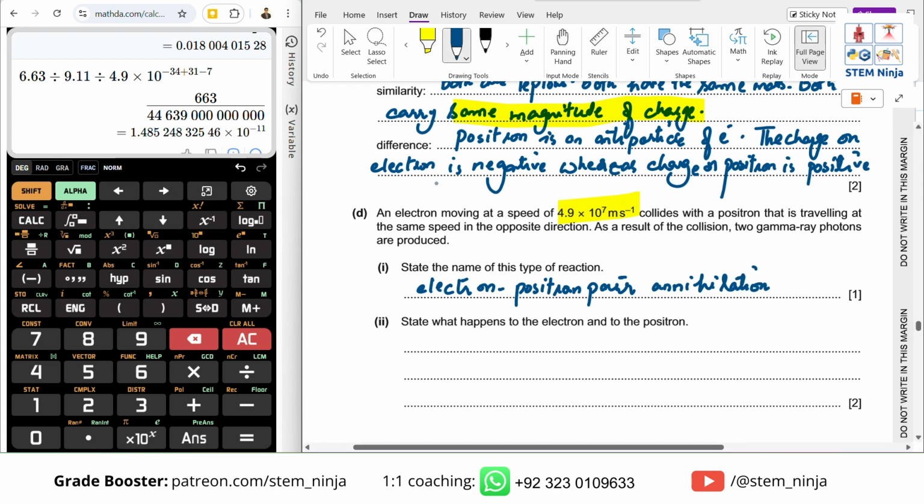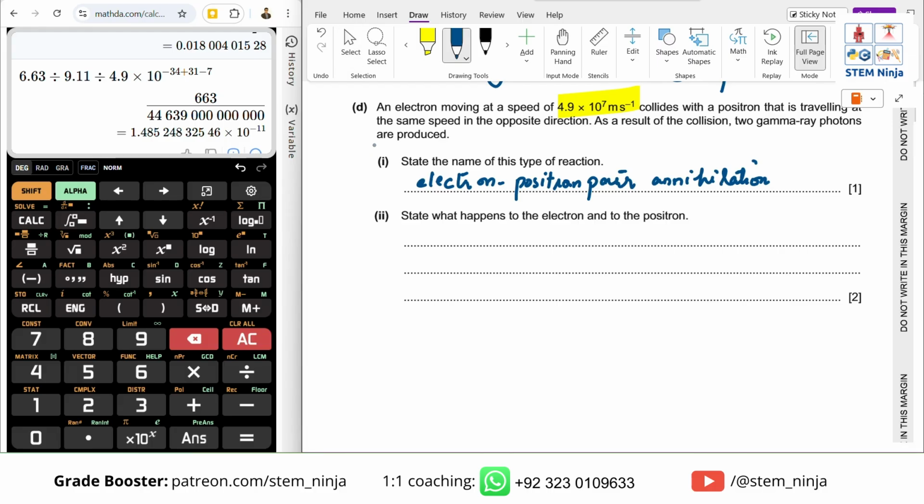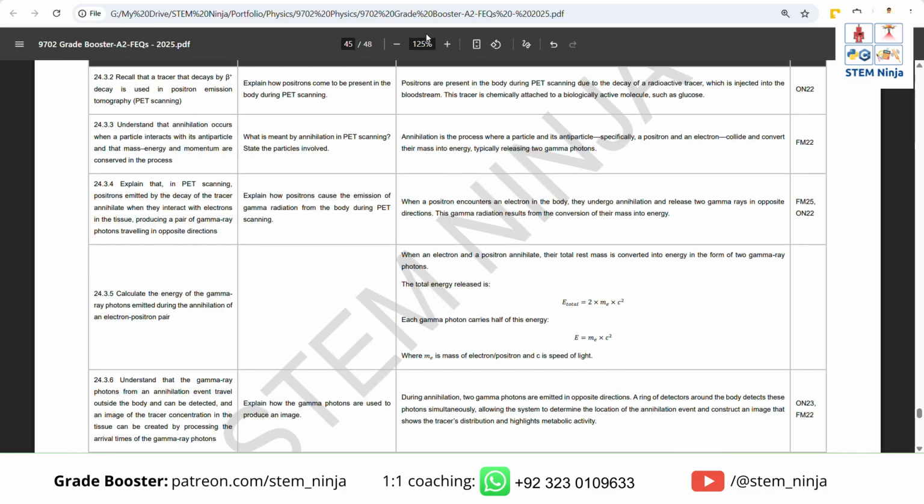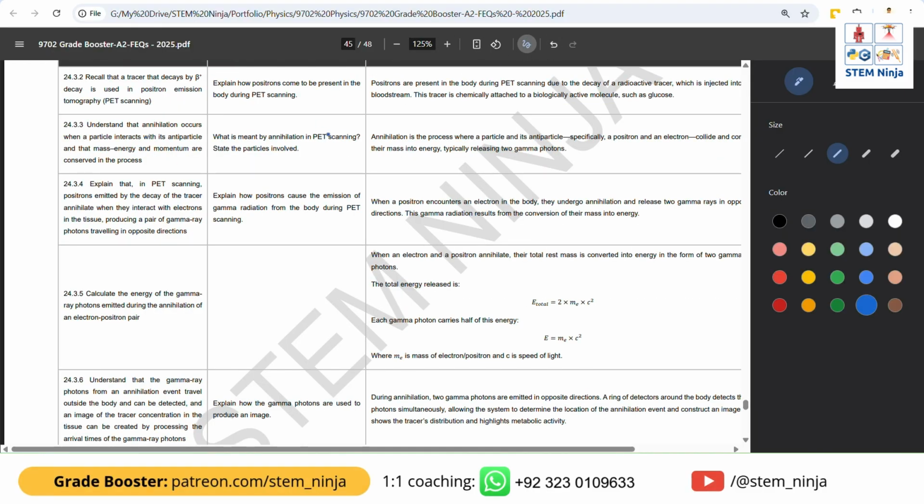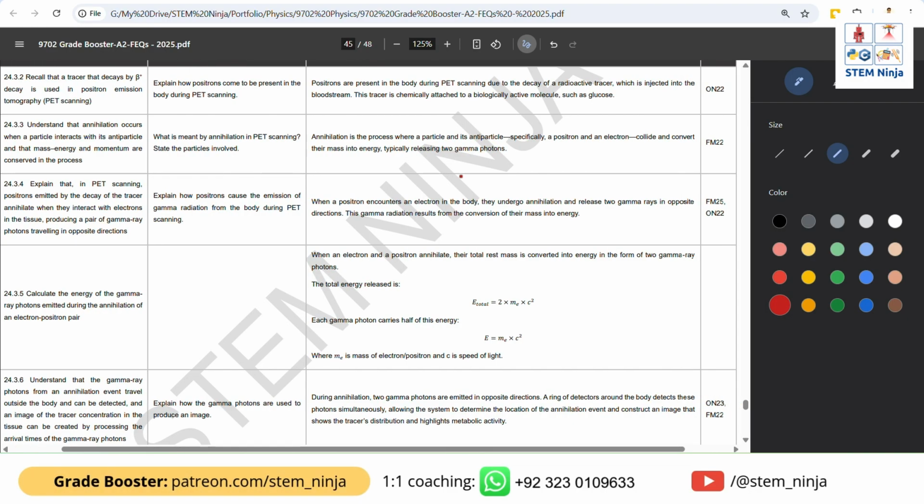Okay, state what happens to the electron and positron. As you can see over here, this is usually used in PET scanning. Annihilation is a process where a particle and its antiparticle, in this case electron and positron, collide and convert their mass into energy, typically releasing two gamma photons.